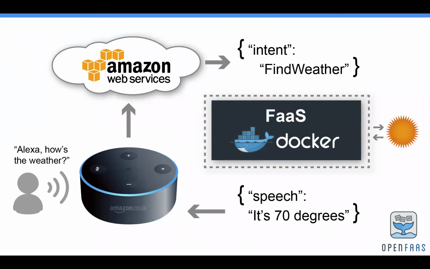So it has a discrete input, processes some work, and it has an output. You can actually replace Lambda for OpenFaaS and Docker containers, and your code will work exactly the same. Now that matters because it allows you to work in whatever programming languages your team are used to, run your code wherever you want and for however long you need to. And that, for some teams, can be very important.